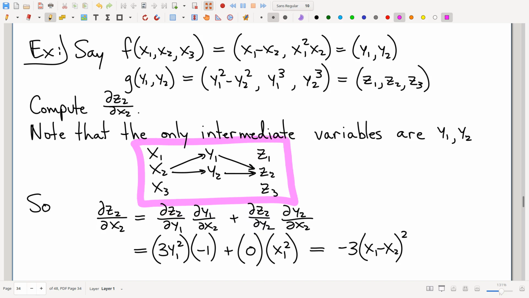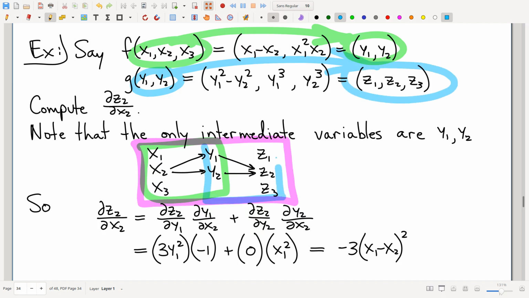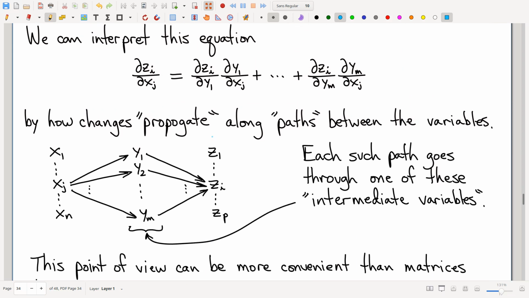This picture represents that f is going to turn the x variables into the y variables. You can see it right there. And that g is then going to turn those y variables into the z variables. You can see that right there. And now we have the diagram that's sort of this example's version of the diagram that I worked on here.